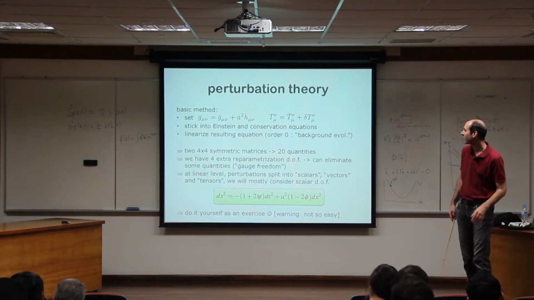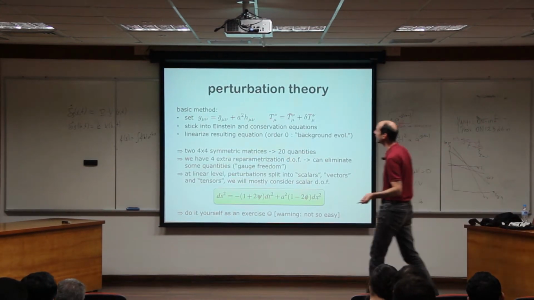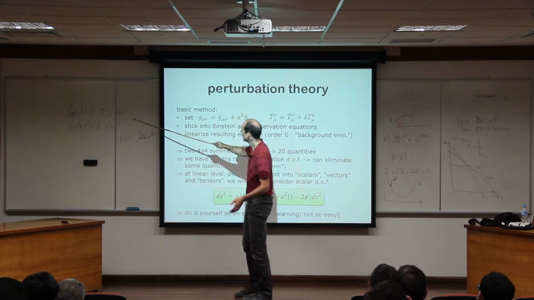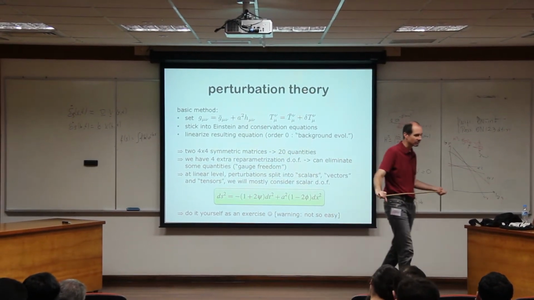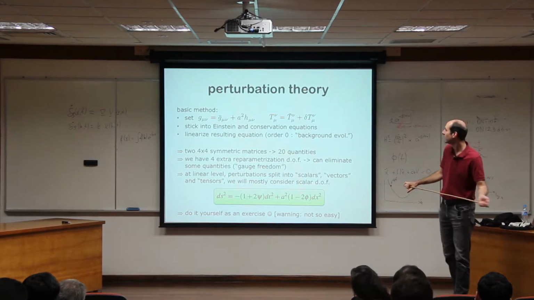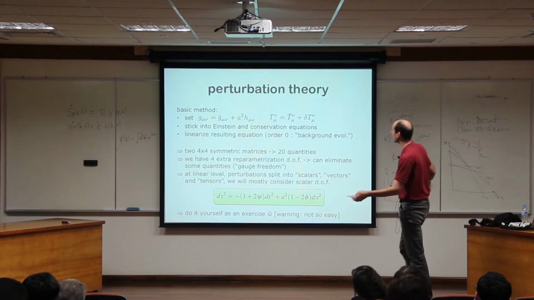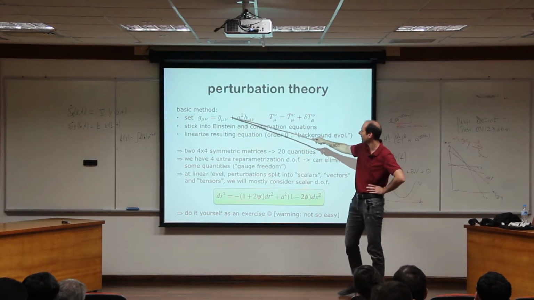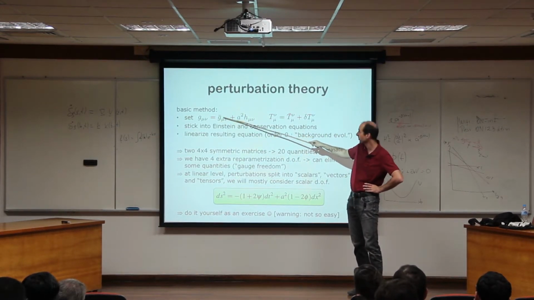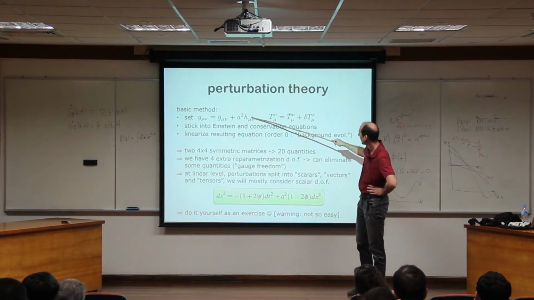Okay, but now what are actually these equations? How do we get these perturbation equations? And so that's easy and difficult at the same time. Conceptually, it's quite easy. We say, well, our perturbed metric is the background metric, this is Friedmann, Lemaitre, Robertson, Walker, plus some perturbation.